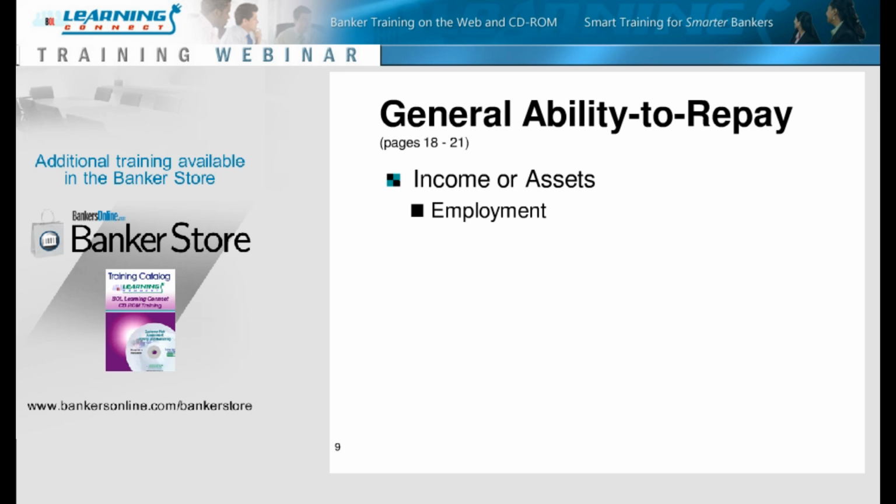I would note over on page 7, when they amended this part of the rule, they removed one of the exceptions that formerly existed, and that was for purchase money loans. So now you have an exemption for a transaction to finance the initial construction of a dwelling, but previously there was an exemption for residential mortgage transactions.